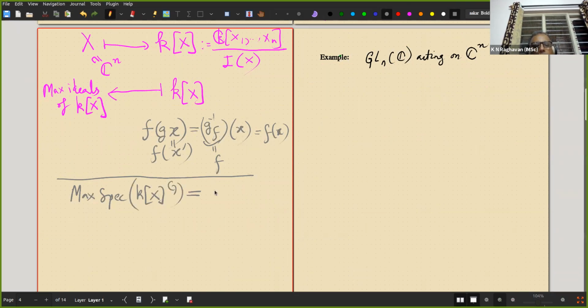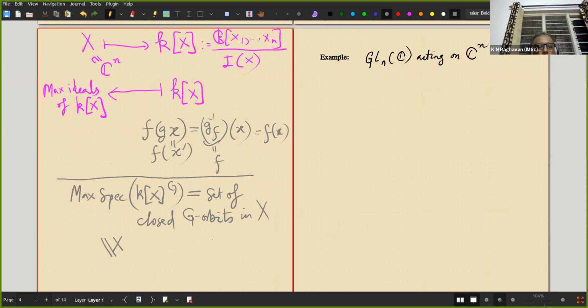It is the set of closed G orbits in X. So you can identify it with the set of closed G orbits in X. And what is the map? We denote this X double slash G. This is the notation, as opposed to if it was just the orbit space.